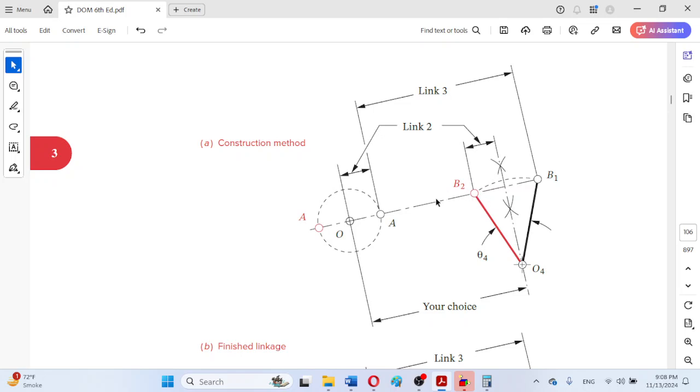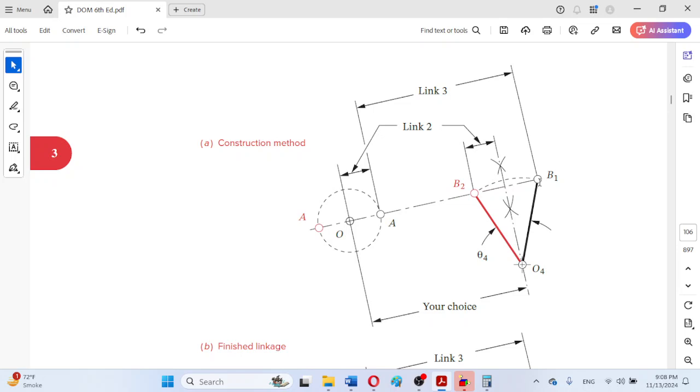Whereas in the case of quick return, the crank moves with constant angular velocity, but the structure is fabricated so that the motion of the rocker is not constant in the forward and reverse stroke.